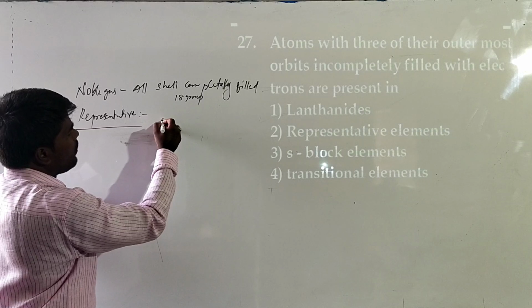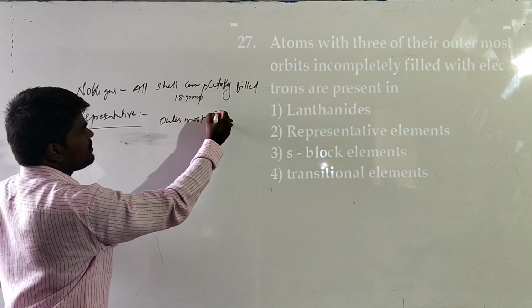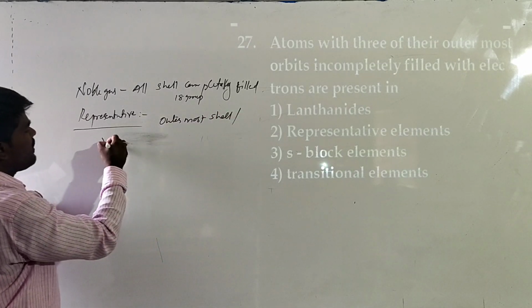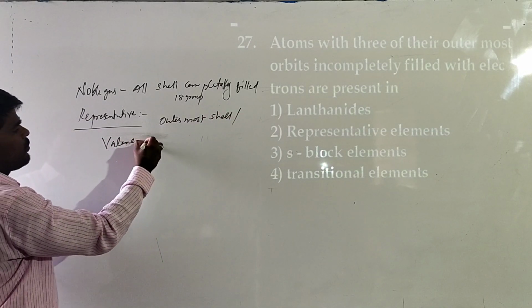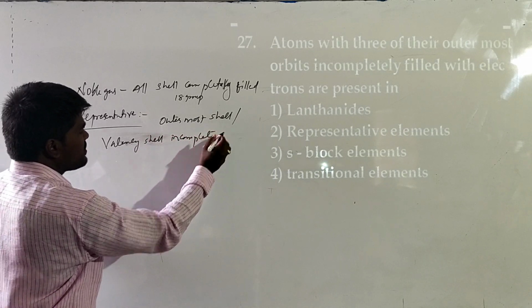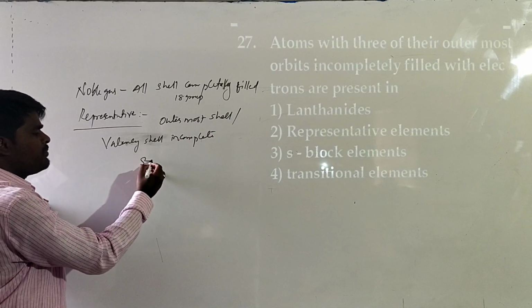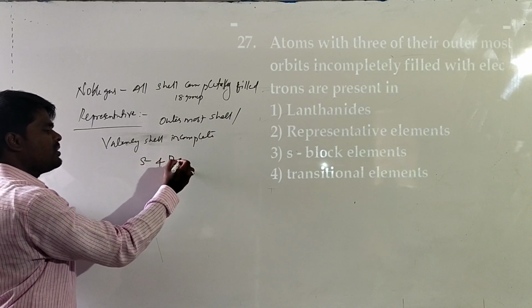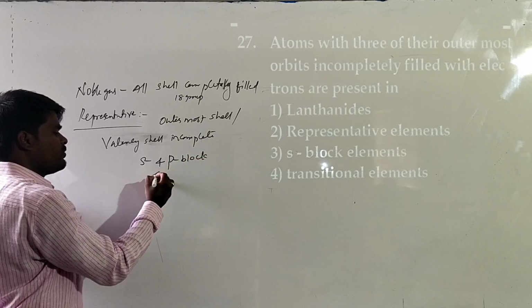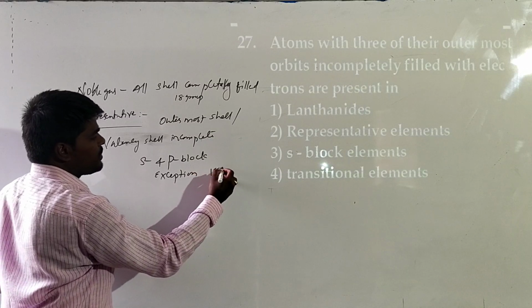If it is representative or normal elements, here only the outermost shell, or we can say the valency shell, is incomplete. Only one shell is incomplete. What are representative elements? All the elements of the s block and p block, with the exception of the 18th group.